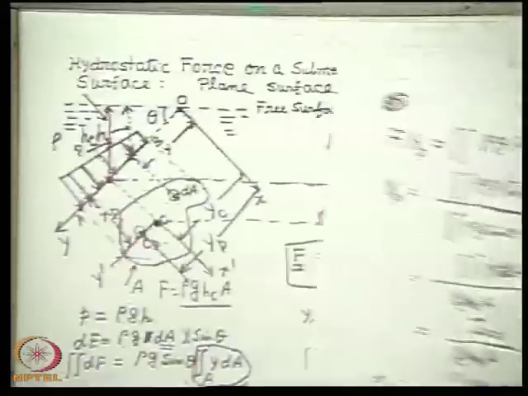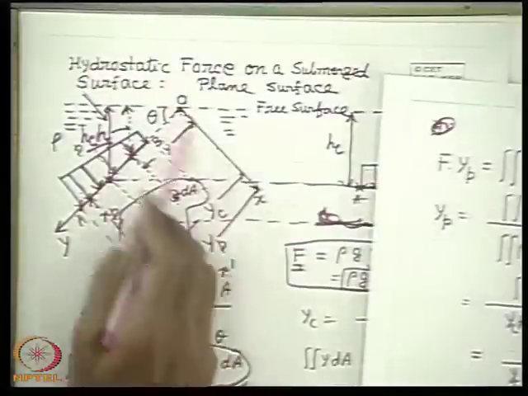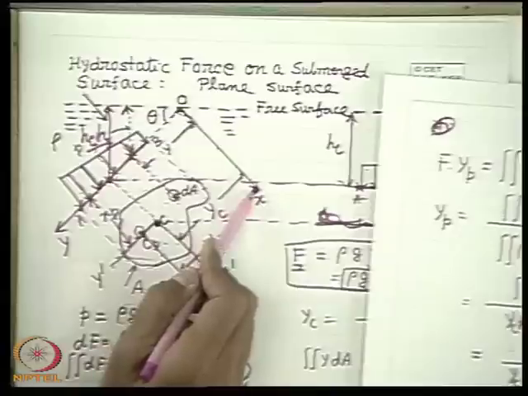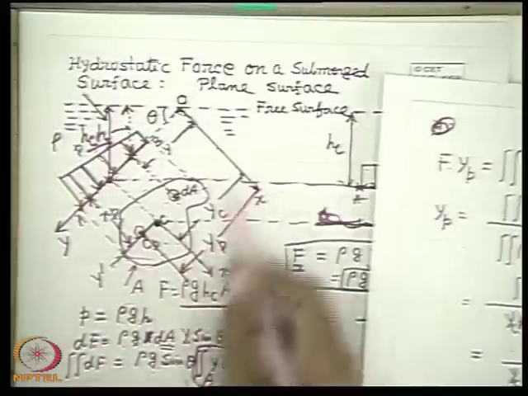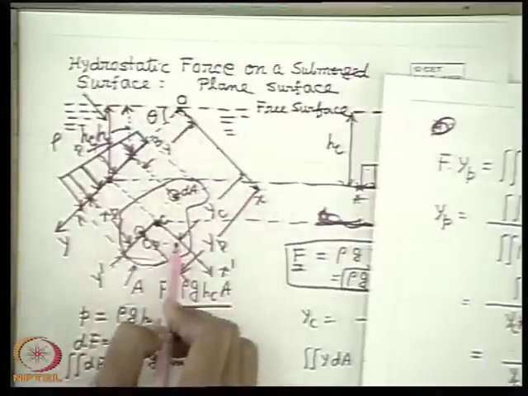That means the moment of inertia about this axis is the moment of inertia about the centroidal axis plus area into Yc square, the distance of this axis from the earlier axis.